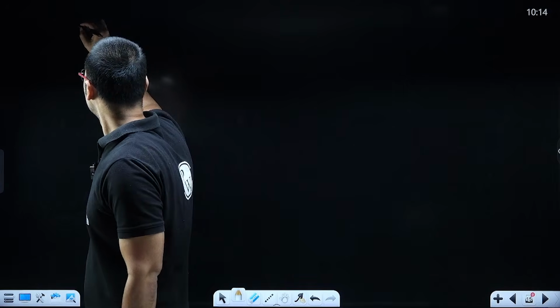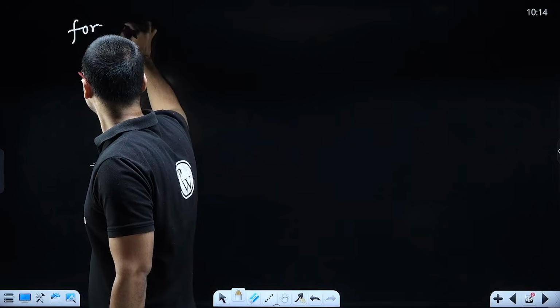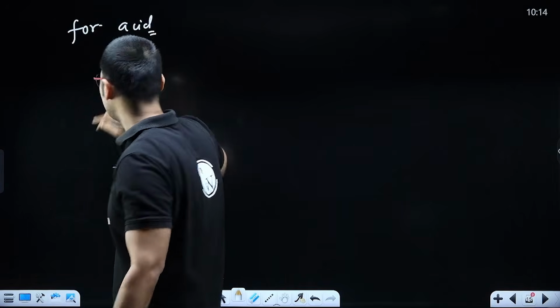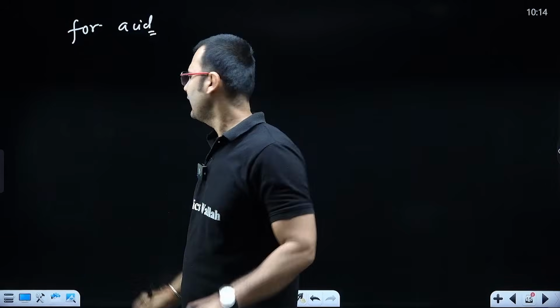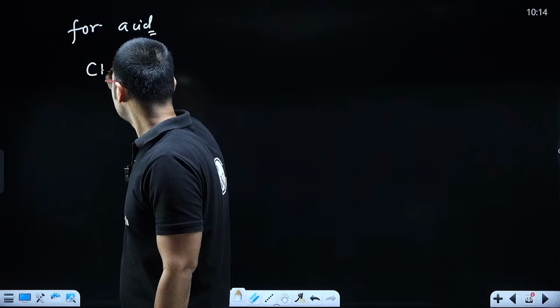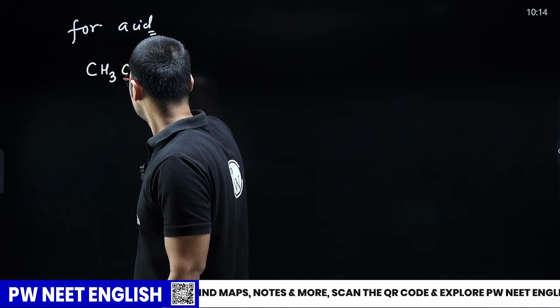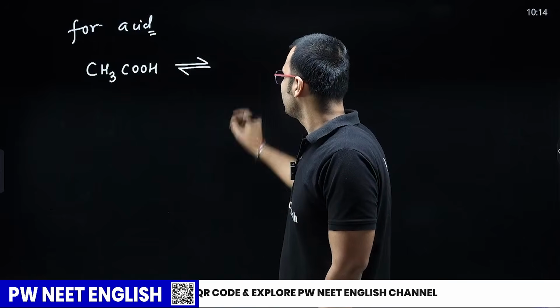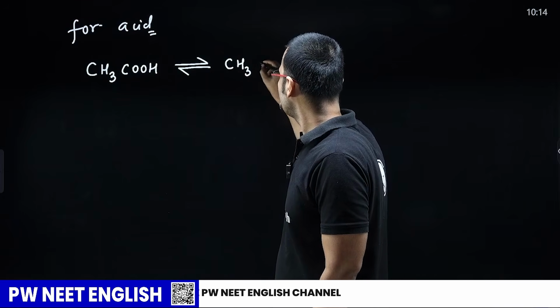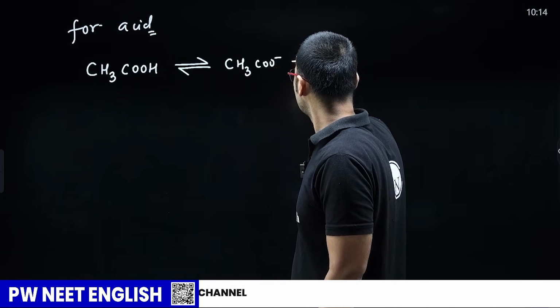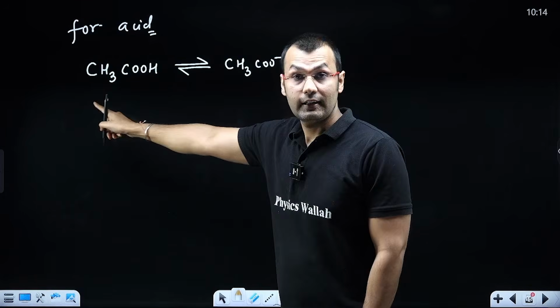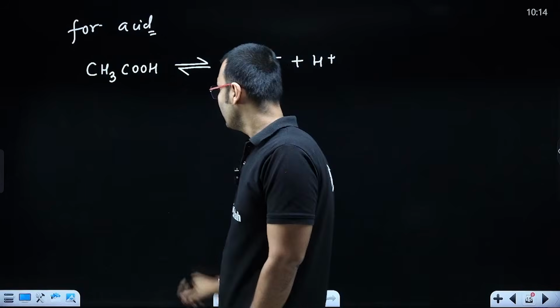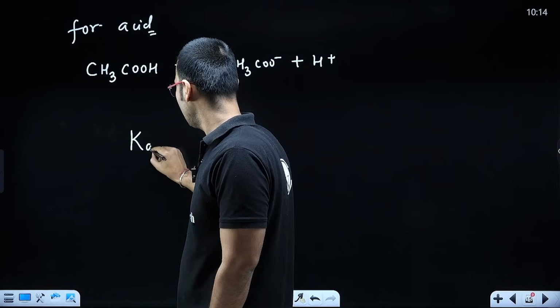For an acid, you take a weak acid, any weak acid, like the most famous one, CH3COOH. We know that in solution, acetic acid will decompose as CH3COO minus and H plus. So for this weak acid, if I write down the dissociation constant, it will be Ka.